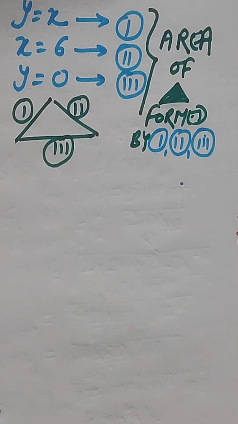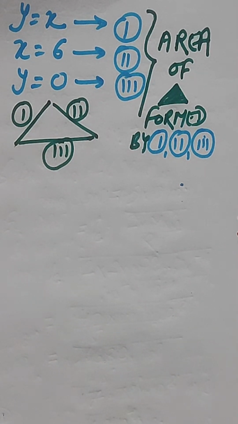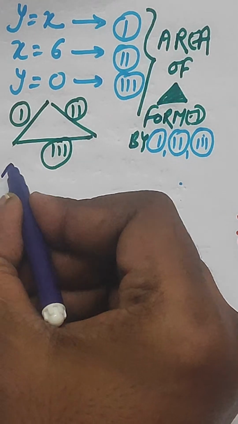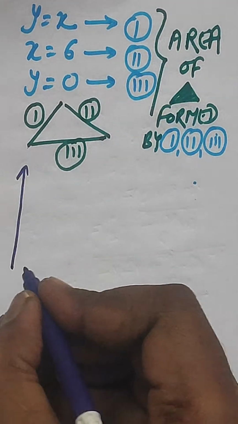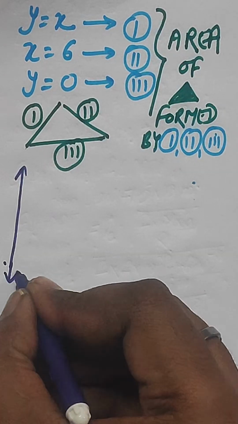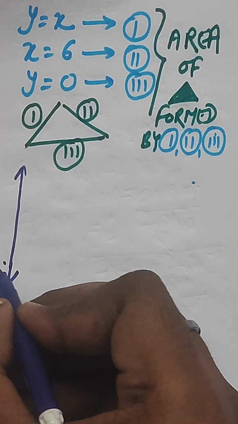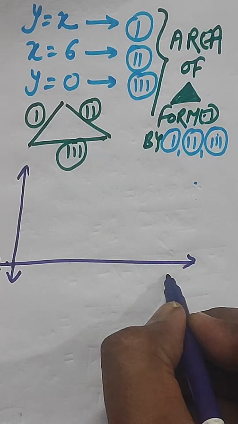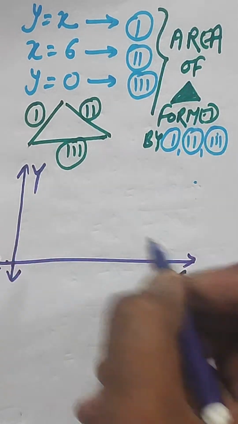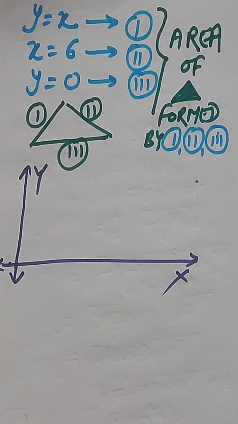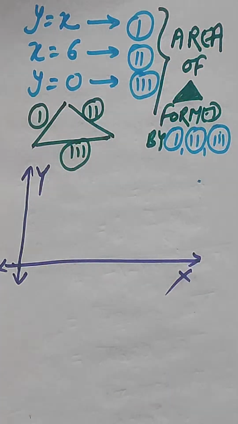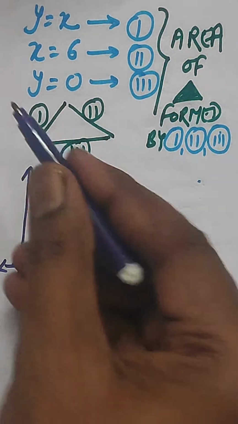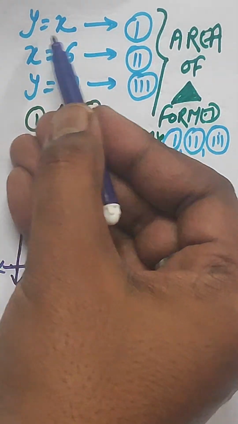How to find it? As we did earlier, let us plot it. If this is the y-axis and this is the x-axis, then out of these three, first plot y equal to x.